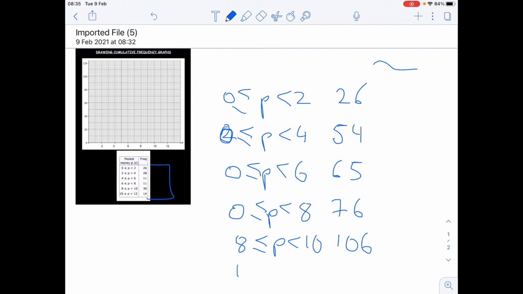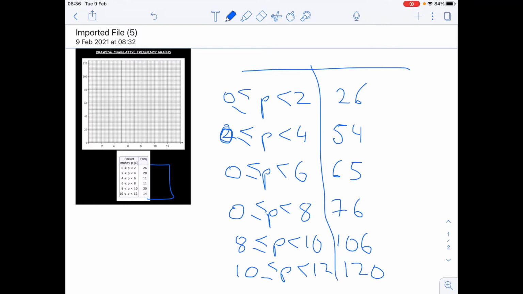And then between 10 and £12, another 14 people. So that makes 120 people in total. And that's my table, and this is the cumulative frequency. Right, okay, now is drawing time.